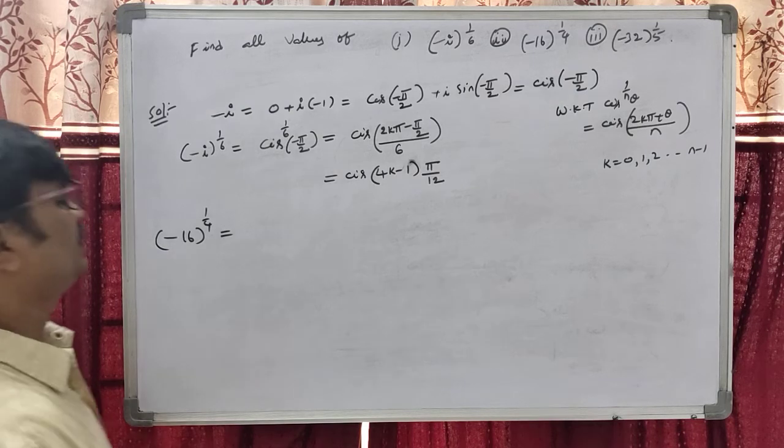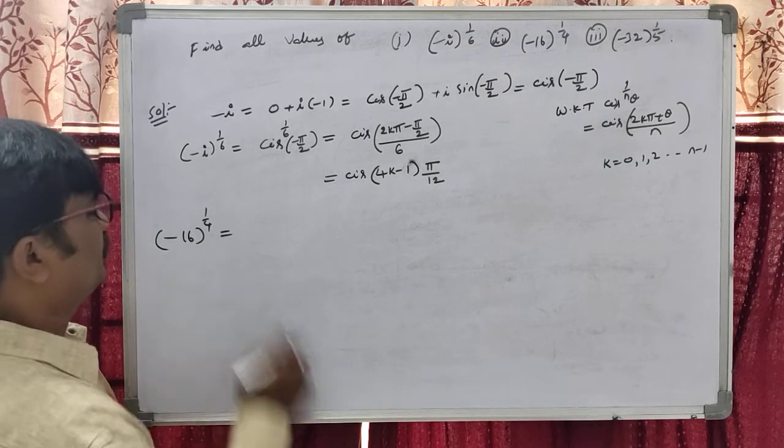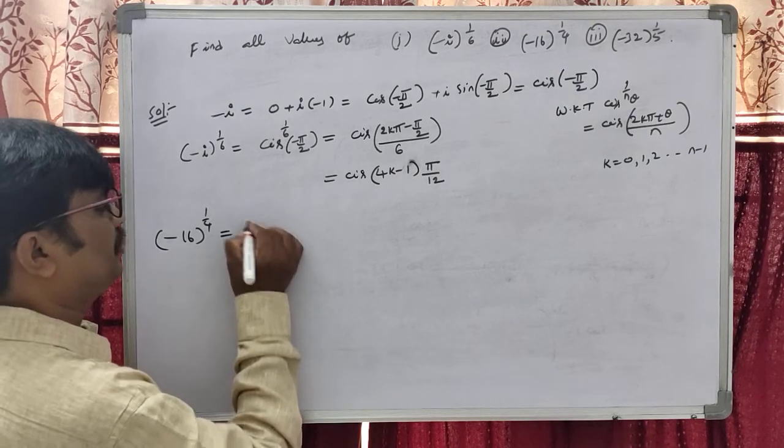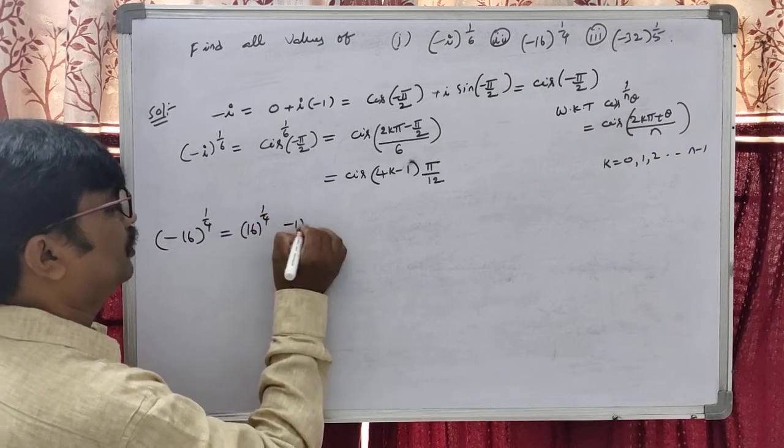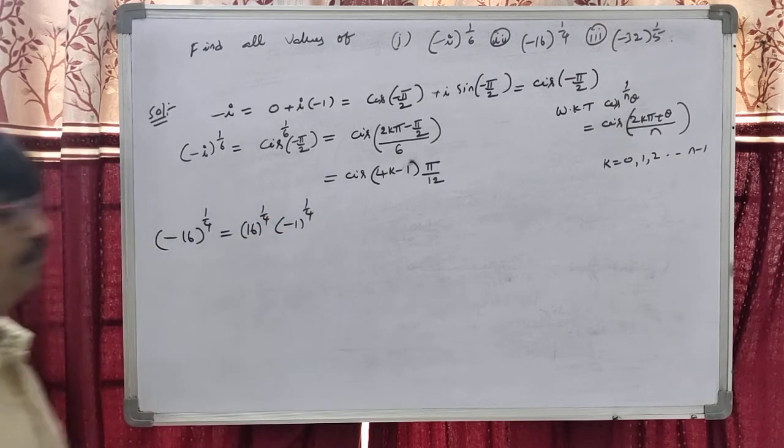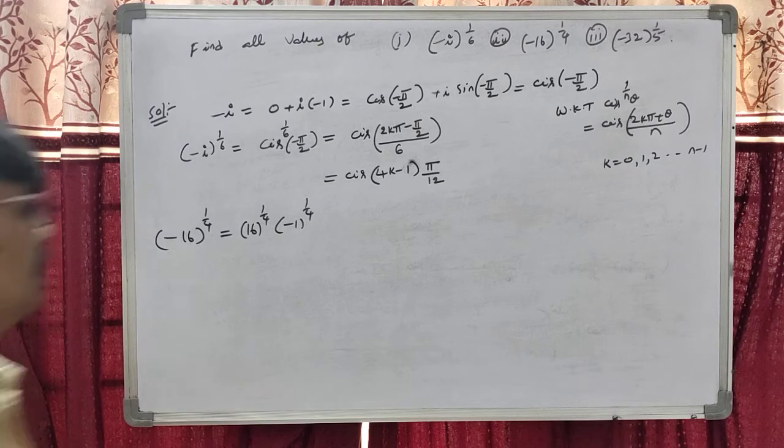Now (−16) whole power 1/4. First we take it as 16 power 1/4 times (−1) power 1/4.